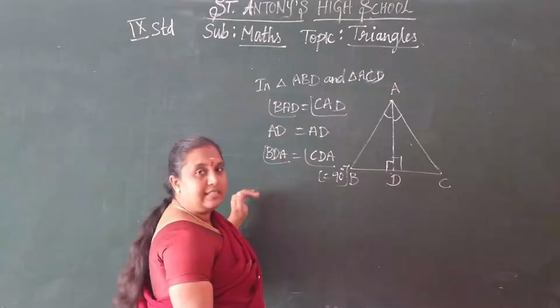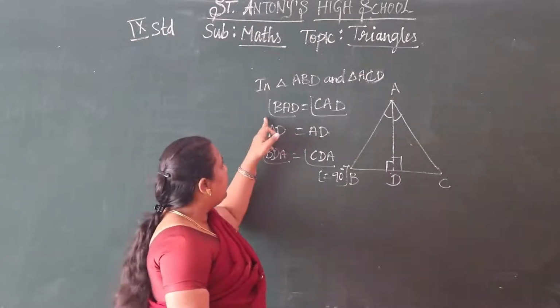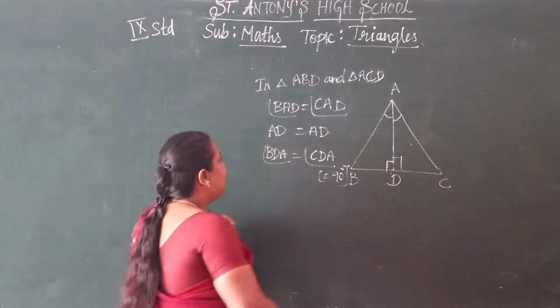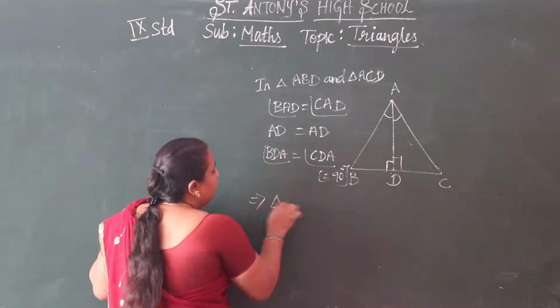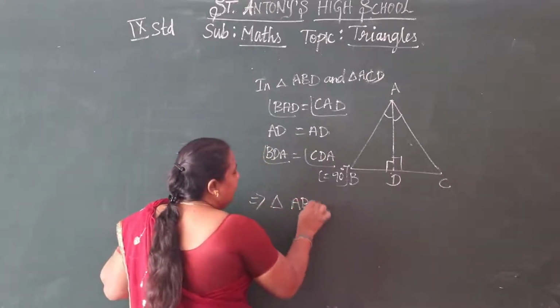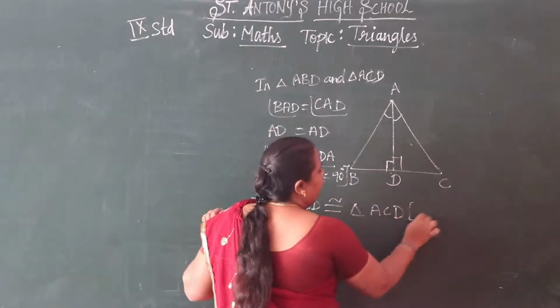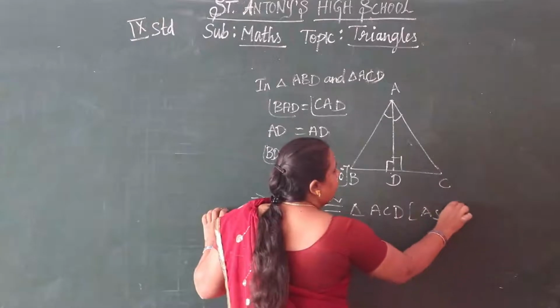So based on these three, that is angle, side, angle, we can say triangle ABD is congruent to triangle ACD by the ASA congruence rule.